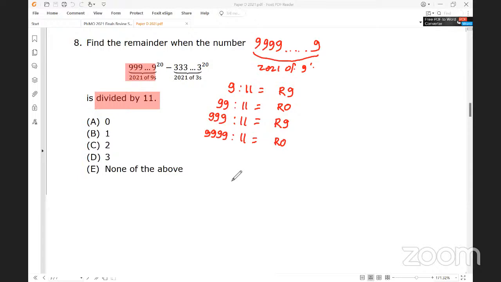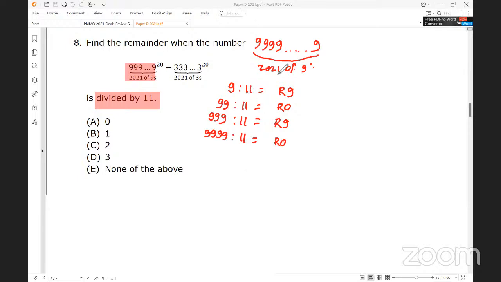If the number of 9s is odd, the remainder will be 9. If the number of 9s is even, the remainder is 0.